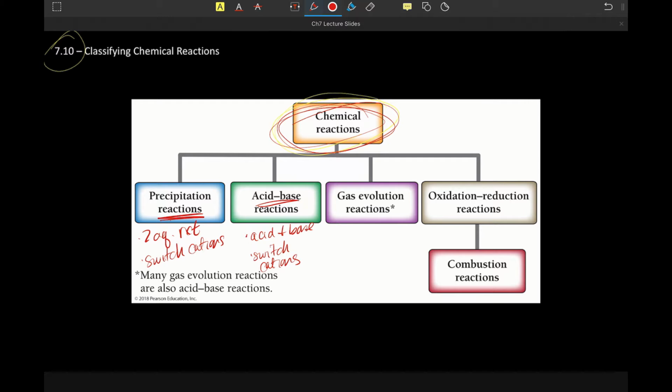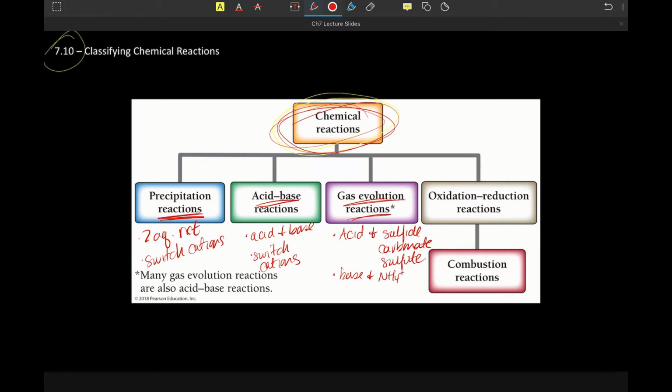And then we have our gas evolution reactions, which are often a subset of acid-base reactions, where we have an acid and a sulfide, or a carbonate or bicarbonate, or a sulfite or a bisulfite. Or we have a base and ammonium.